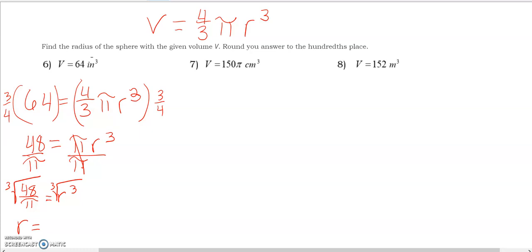And I'm going to put parentheses around that because I want to raise it to the 1/3 power. And that should give me my answer. When I plug this in, I should get 2.48 if it's rounded to the nearest 100th inches.